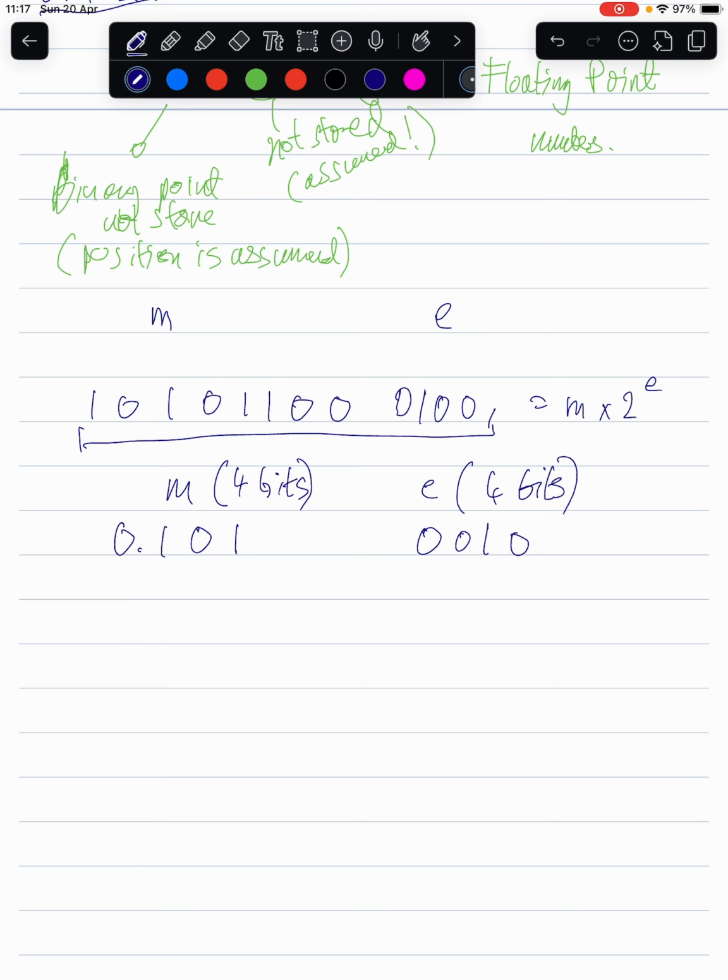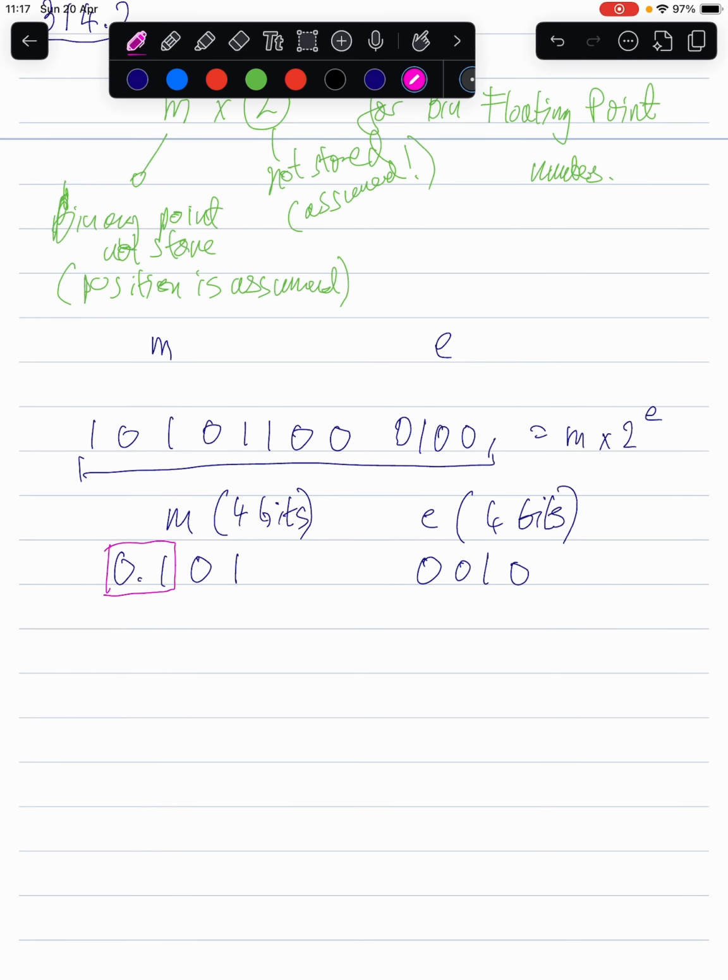Okay, right, and so the floating point, the binary point is assumed here. And this part is an integer, so there is no decimal point, conceptually it is here.